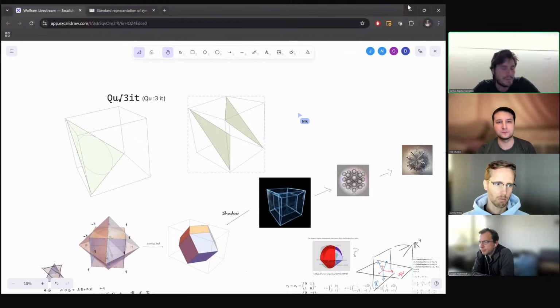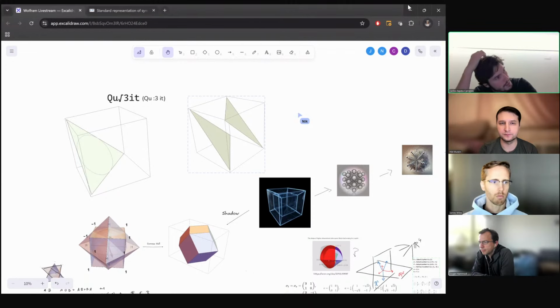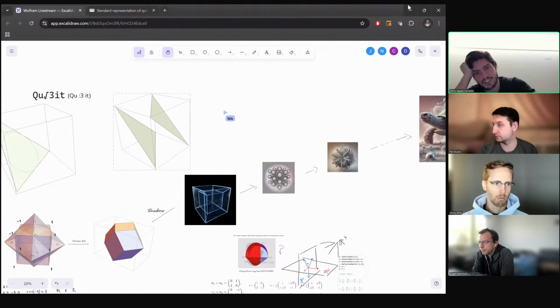If you somehow project down, it seems like the quantum story is kind of four-dimensional here, in a sense. And it might be that the three-dimensional story is a projection of that four-dimensional story. So maybe the problem can be somehow simplified by saying, can you find a projection of matrix multiplication?